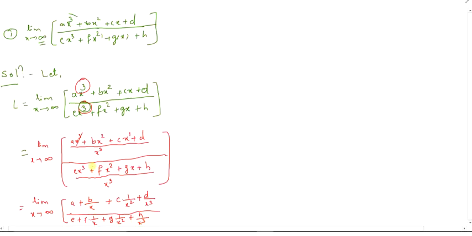As the power of x in the numerator starts to decrease, the power of x in the denominator starts to increase. Just like this one, you can see here x, then x square, then x cube. Therefore, here we can write L is equal to limit x tends to infinity.